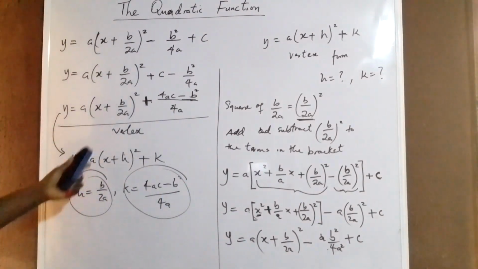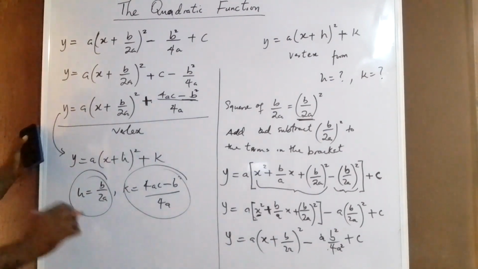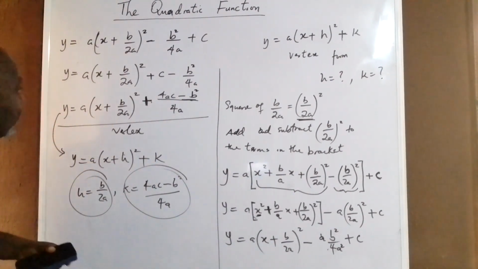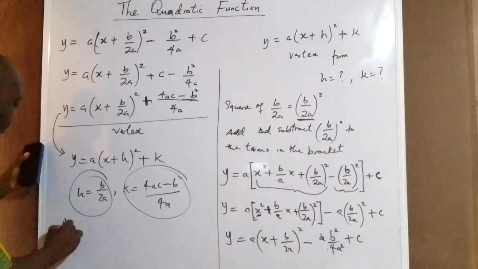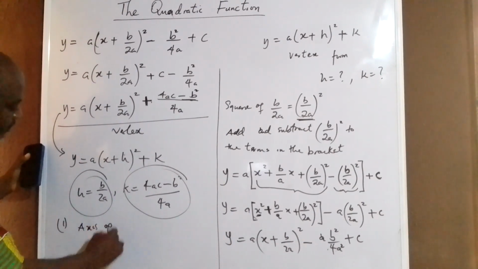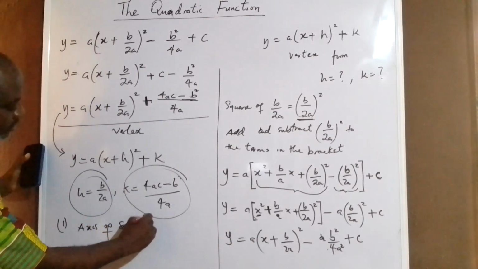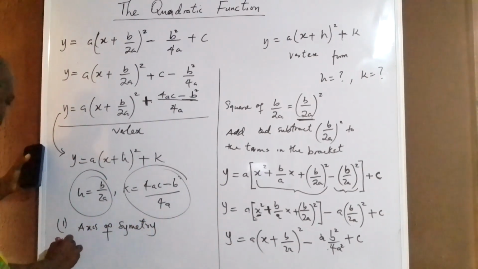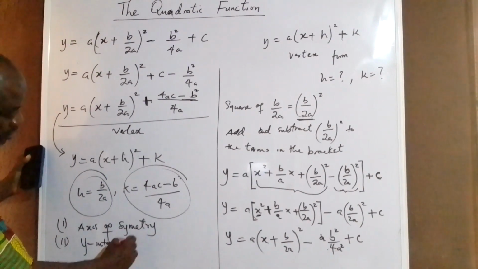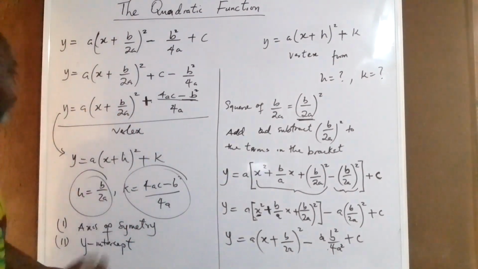But there's something we need to do, which is actually what this particular video is all about. How do we find the axis of symmetry and the y-intercept from this vertex form?